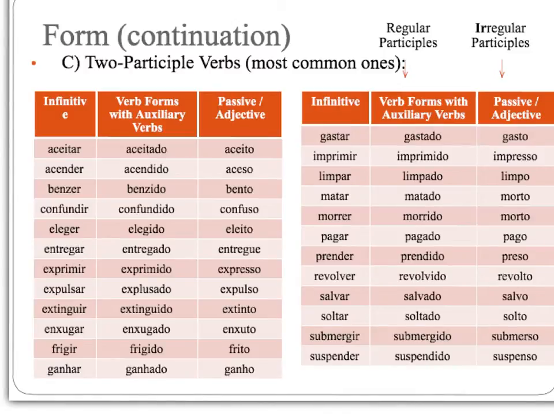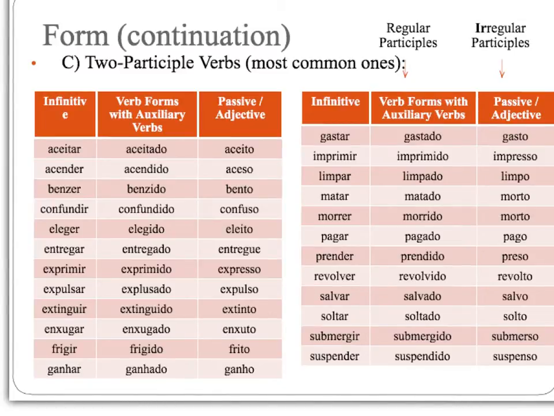Exprimir means to express. Expulsar to expel, extinguir to extinguish, enxugar to dry. So if your hair is wet, você enxuga o cabelo. Frigir means to fry, and there's another meaning as well, but that's what I can think of right now.